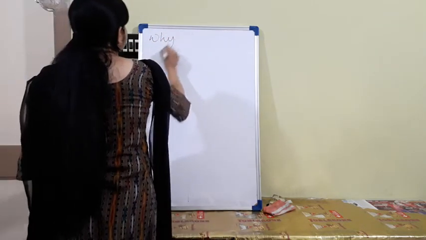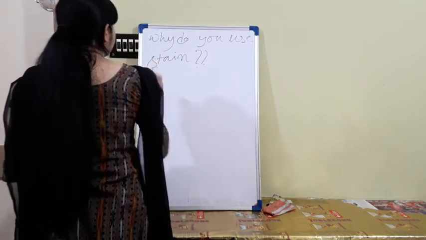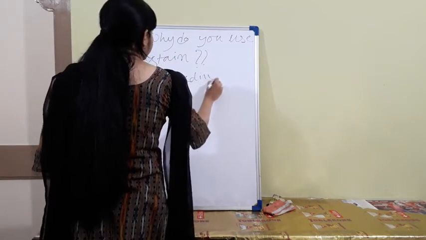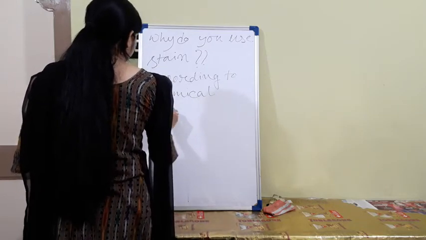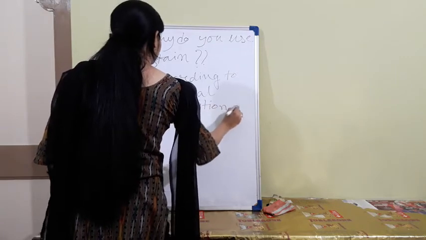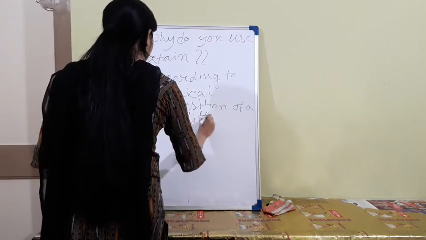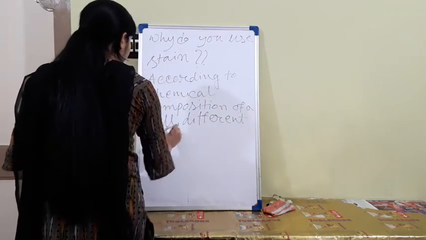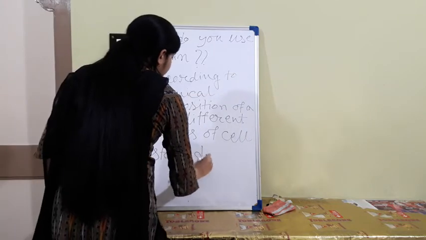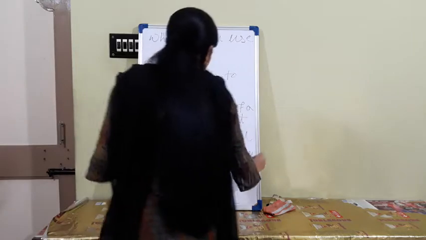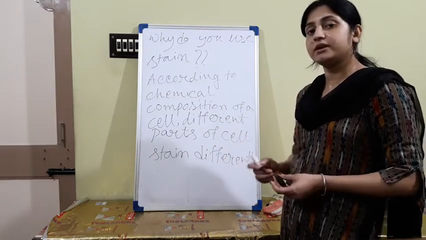So why do you use stain? According to the chemical composition of a cell, different parts of the cell stain differently or get color differently.